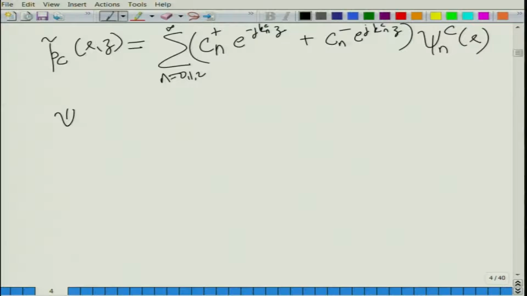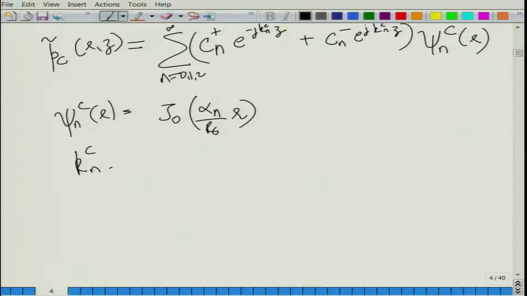Now, psi n c r is this thing, and k c n is nothing but root over k naught square minus alpha n r naught whole square. Okay.